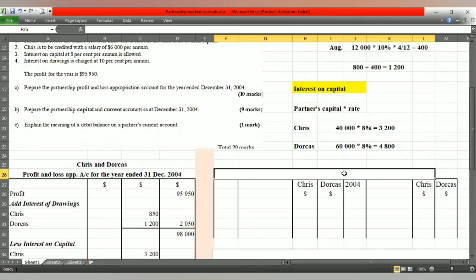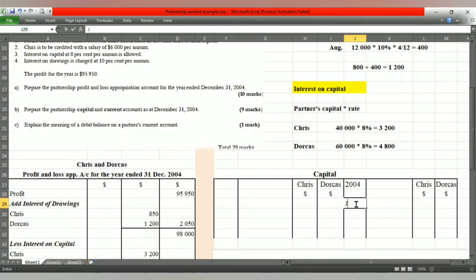So you'll find that both partners' capital balances will be in the one account, but in fact, they're separate because the columns will indicate the name of the partner. And that is January 1, that's the opening balance. And the details is balance brought down.